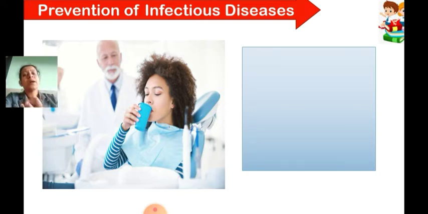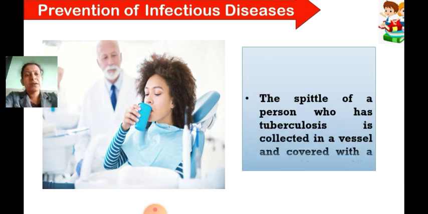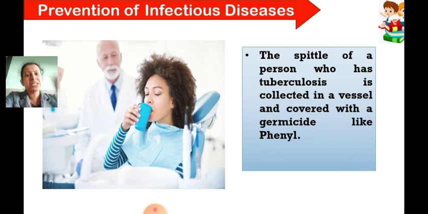For this they require a special vessel, called a spittoon, in which the patient will throw the spittle. Especially the tuberculosis patient, because it can spread through the droplets of the spittle. That is why they cannot throw the spittle anywhere. They have to throw it in a special vessel called a spittoon.